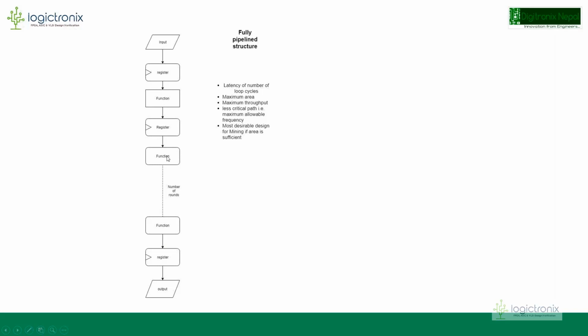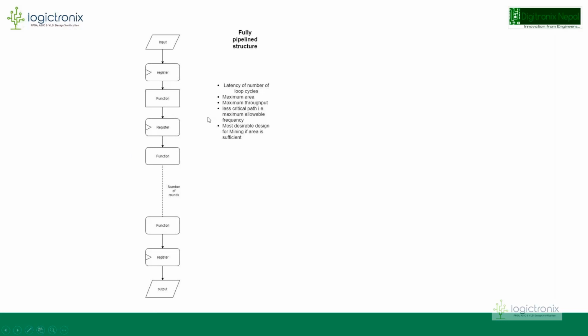So there is a new function for every iteration. The main advantage of this design is that you can give input and it will go over here in the first clock cycle. In the second clock cycle, it will go over here, and you don't have to wait until we get output. We can give input every clock cycle, right?